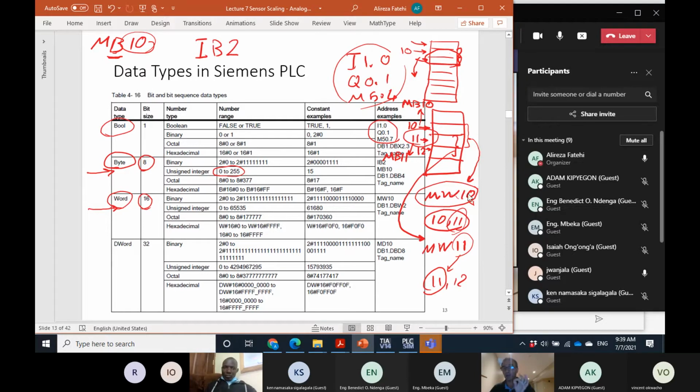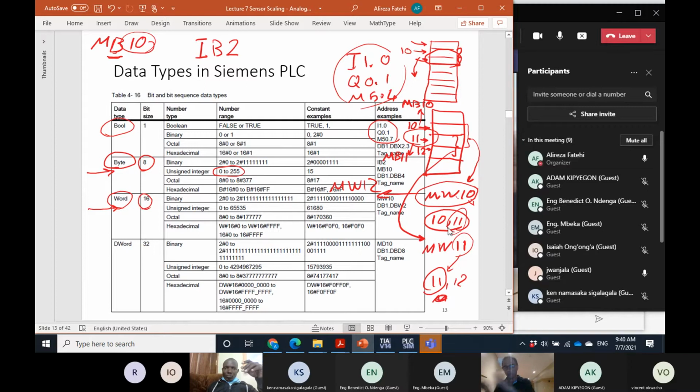So it's important that if you have MW10, the next word address should be MW12, not MW11, in your program. If you use MW11, there is a conflict, and that conflict is not treated as an error by the PLC. It just says, okay, this is your program, you selected that. This is confusing, but you should take care of that.